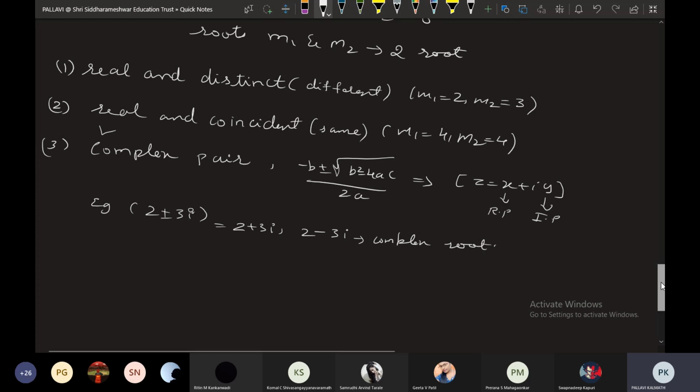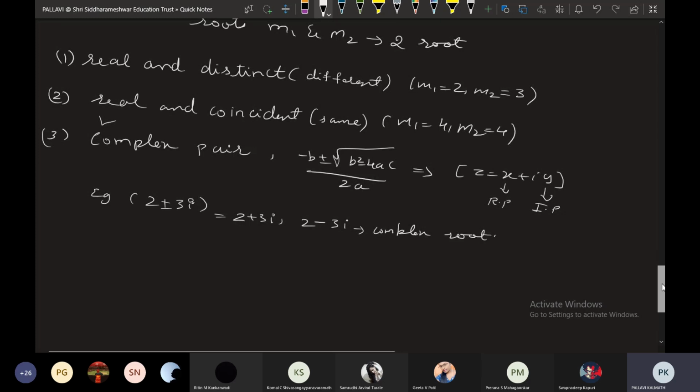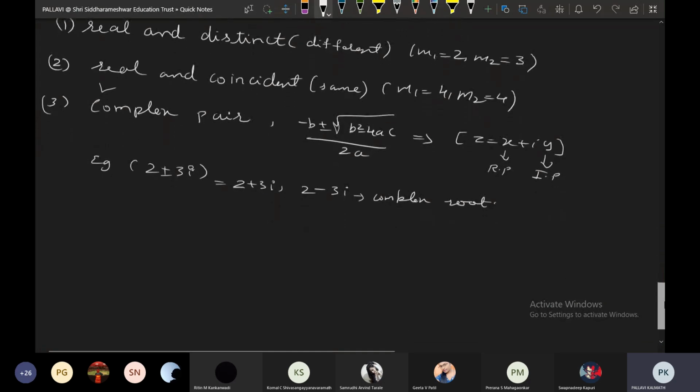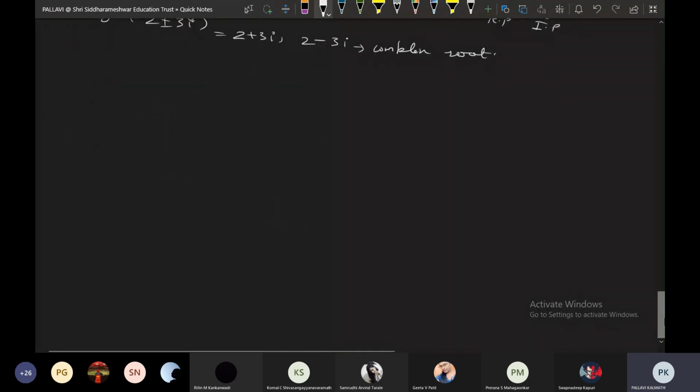Okay, so after knowing the different types of roots, now we will write the solution depending upon the type of the roots. Let us consider case 1.